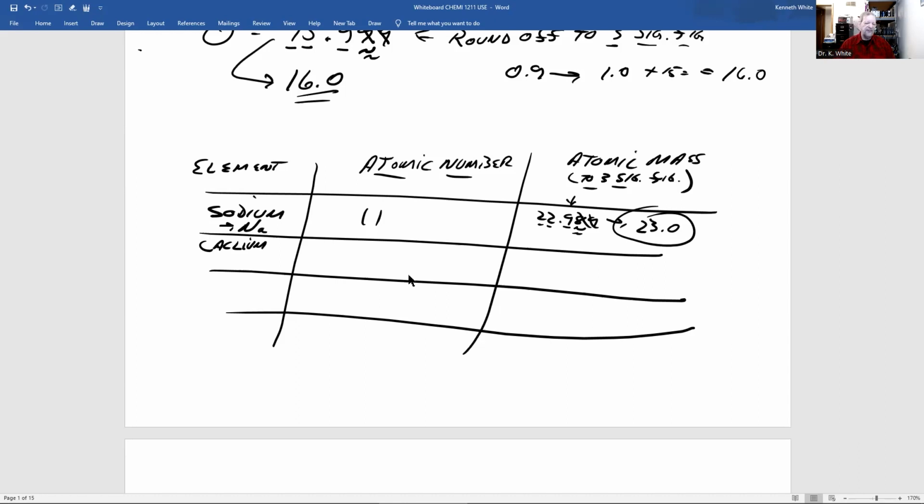And here's one for you to try. What's the atomic number? What's the atomic mass of calcium? Don't forget atomic mass, round off to three significant figures. Your turn.